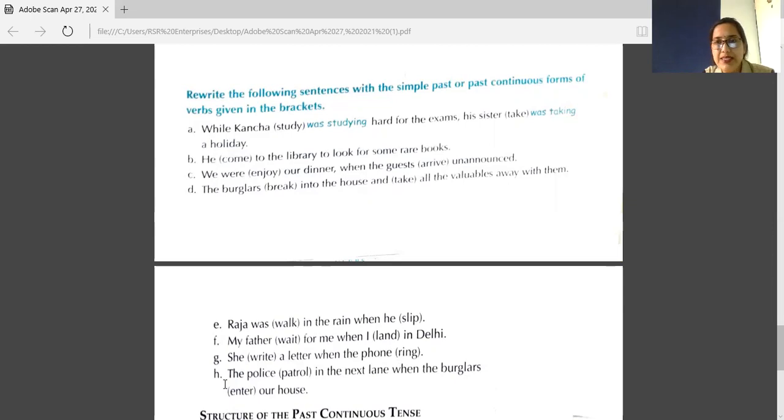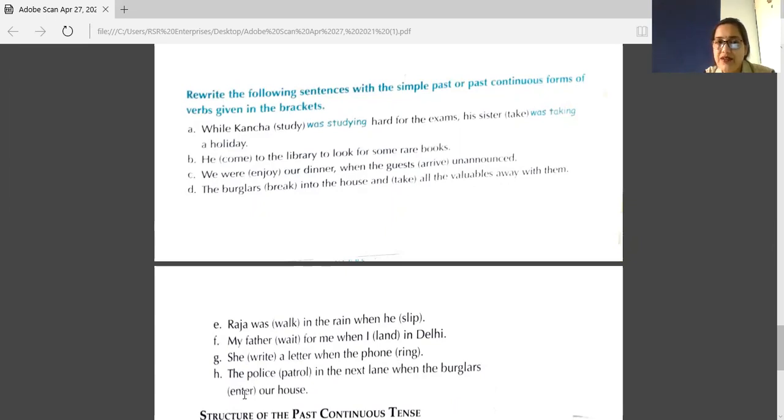Now, last sentence of this exercise. The police dash in the next lane when the burglars dash our house. So your answer is the police were patrolling in the next lane when the burglars entered our house.